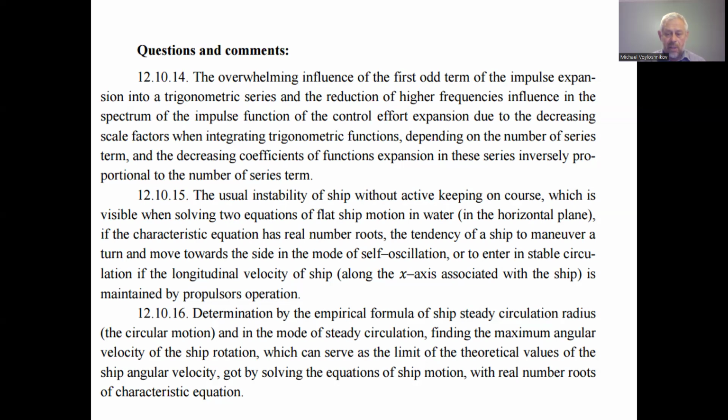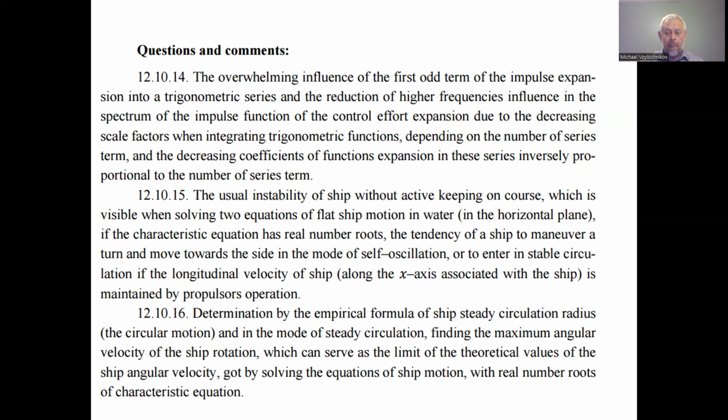The control functions were assigned in the previous article as sine functions, and here in article 12.10 as impulse functions, substituted by the expansion of the function into a differentiable trigonometric series. But we have almost the same, smooth and continuous, solution for the dependence on time of the elements of the ship motion.